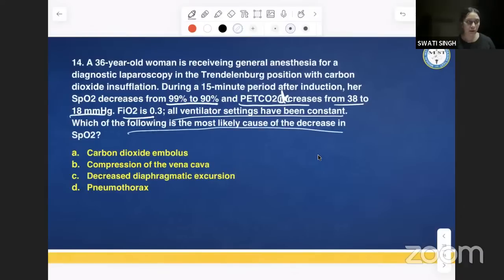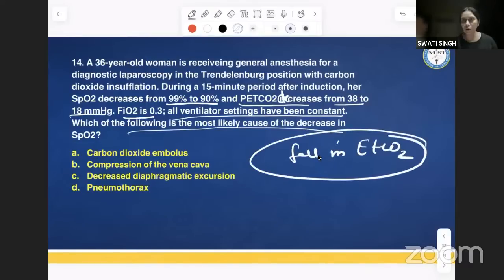Okay guys, very important, right? This patient is undergoing a surgery. After the surgery starts, suddenly the saturation drops and EtCO2 also drops. So fall in EtCO2. This is a clue.